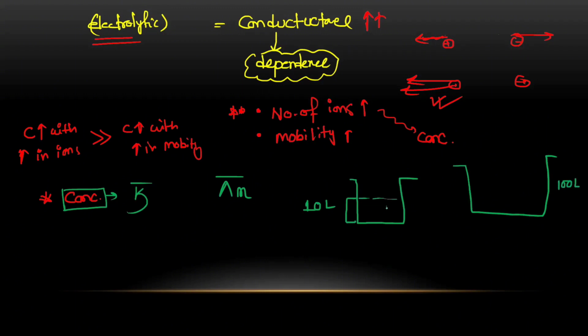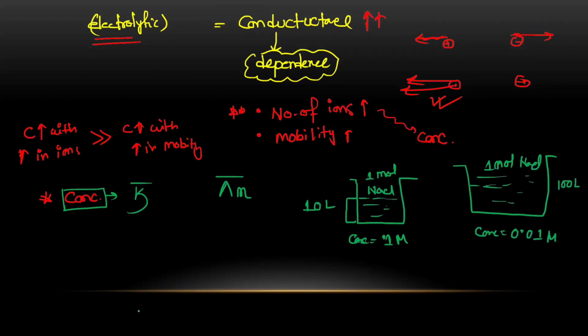Here I have added 1 mole NaCl. Here I have also added 1 mole NaCl. Now here the concentration will be, in 10 liter there is 1 mole, in 1 liter it will be 1/10 mole, that means 0.1 molar concentration. And similarly here the concentration will be 0.01 molar.